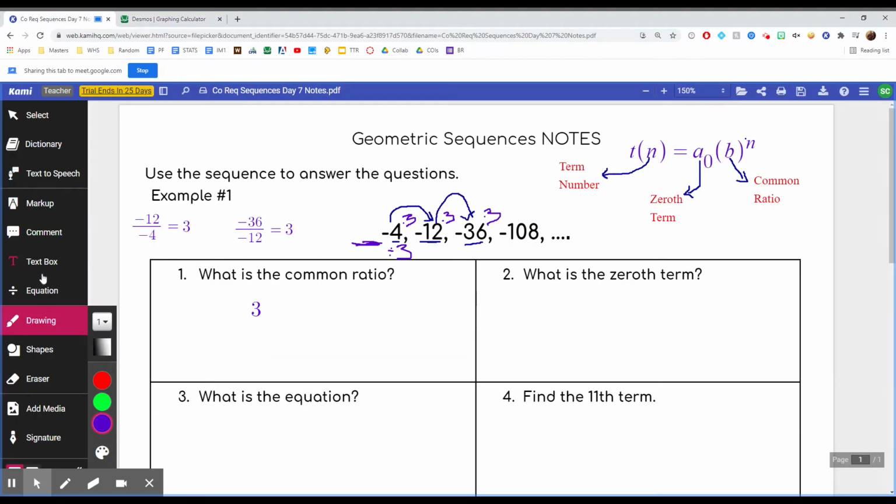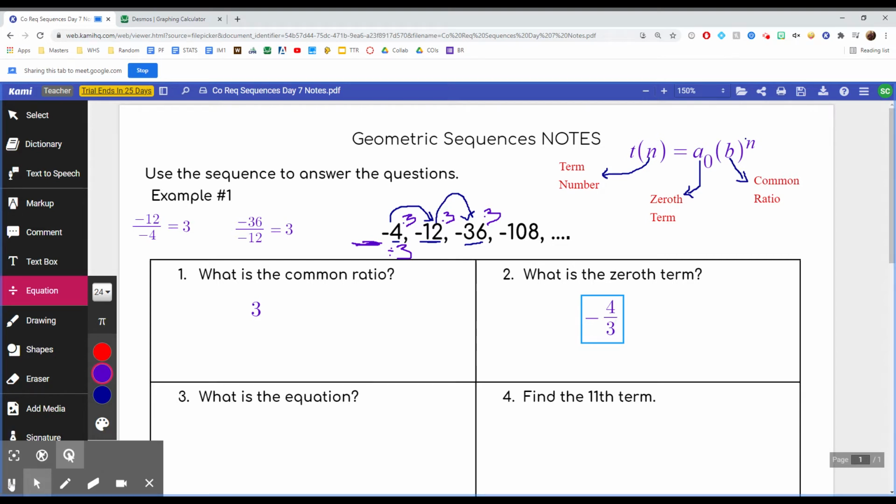So I'm going to go to my document and type -4 divided by 3, and that would be my 0th term. Okay, now I can go to the next question, which is what is the equation?